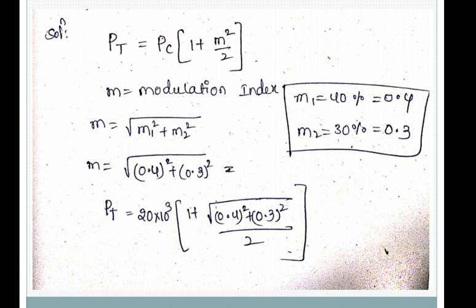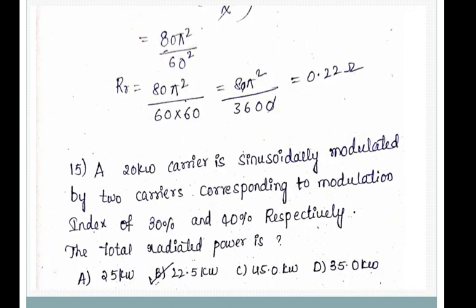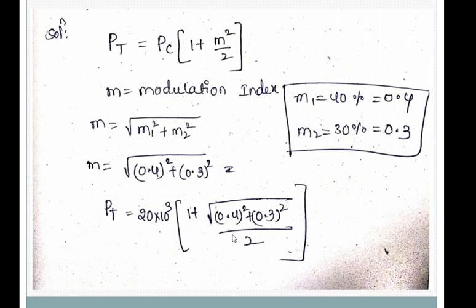They have given the carrier power value as 20 kilowatts, and the modulation index is not given directly as one value. They mention two modulation indexes, 30% and 40%. If they give two modulation indexes, you take the first modulation index as 40%, that is 40 by 100, equal to 0.4, and the second one as 30%, that is 30 by 100, equal to 0.3.